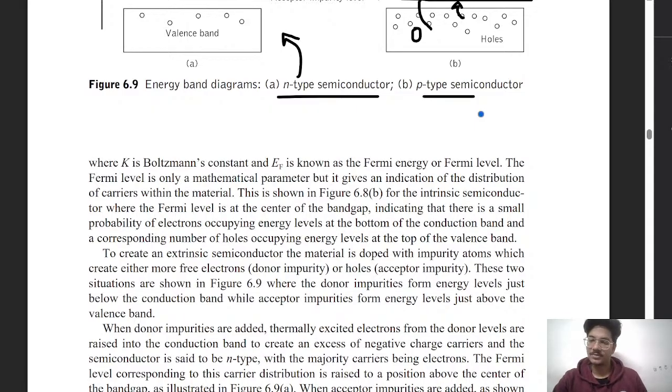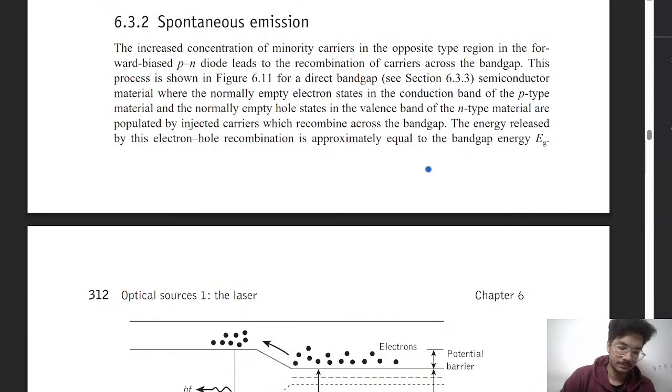The combination of electron plus hole releases energy: spontaneous emission.